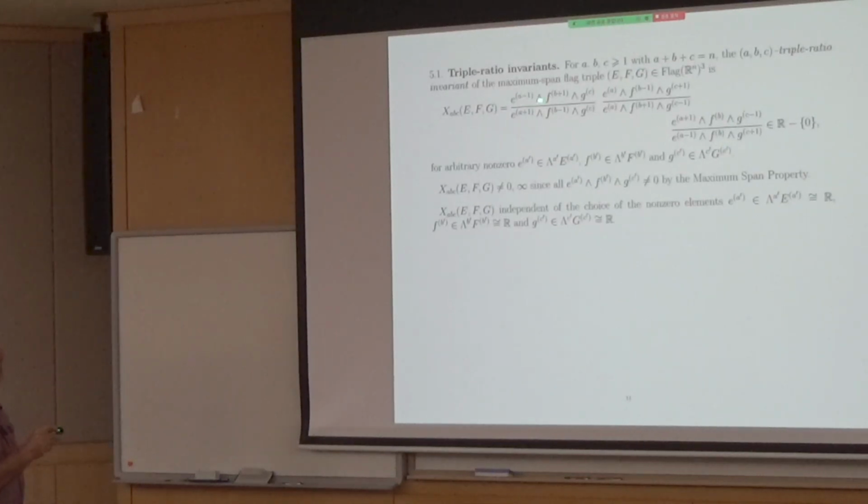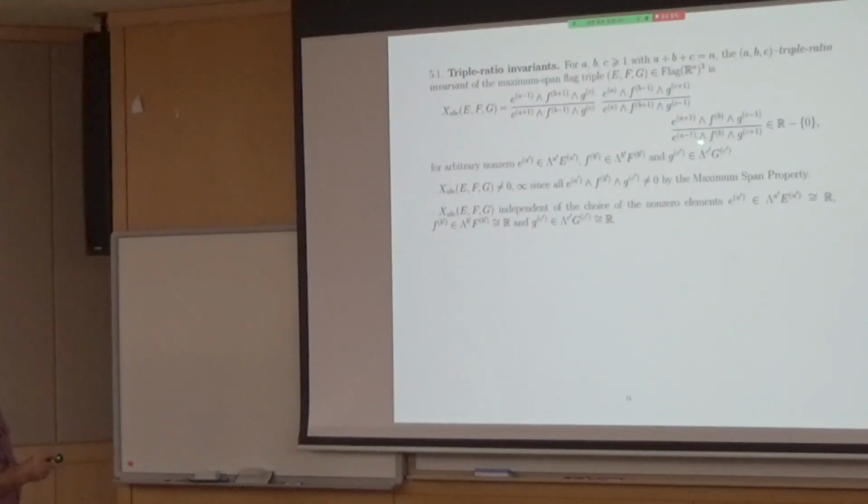So these are essentially numbers, I told you on the previous slide. So you take the ratios of these 6 numbers like this, where these are elements of the appropriate exterior power of E, of F, and of G. Okay, now I told you that all of these numbers are finite and not zero, so you get that this is well defined.